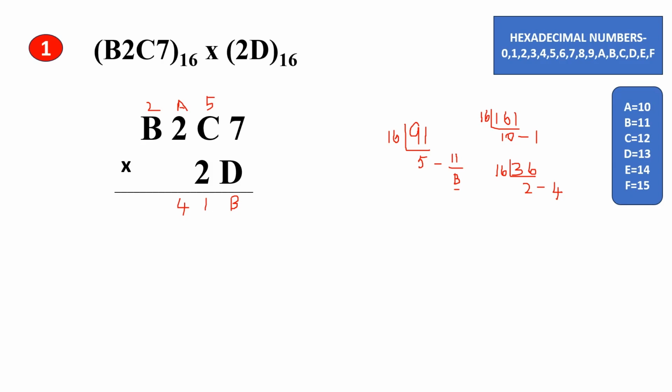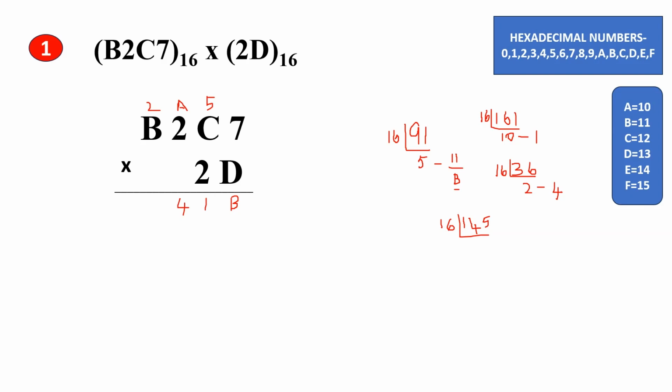Next, multiply D with B. So D is 13 and B is 11. So we get 143. Then we have to add the carry 2. So we'll get the answer 145. To make it a hexadecimal, divide by 16.